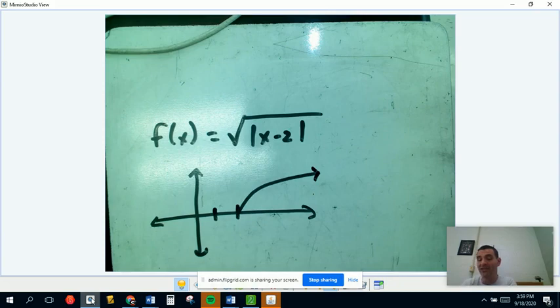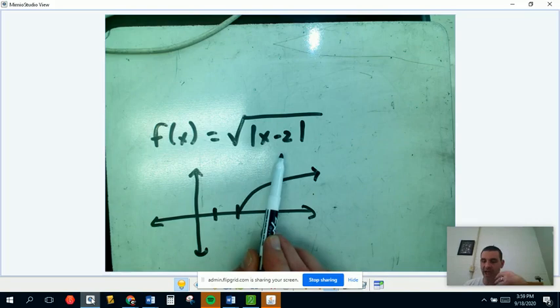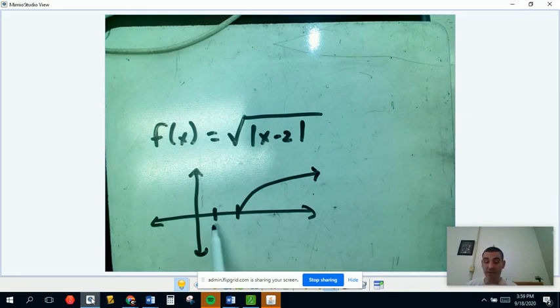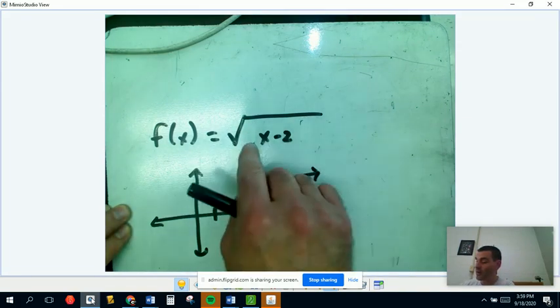And what that allows is that ordinarily the square root graph just abruptly stops here. But because we're doing the absolute value, we can actually put some of these values into it. Values such as 1, which beforehand, without the absolute value bars, just wouldn't show up on the graph because 1 minus 2 is negative 1.